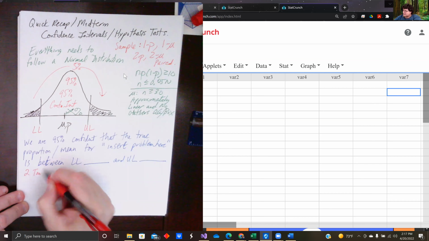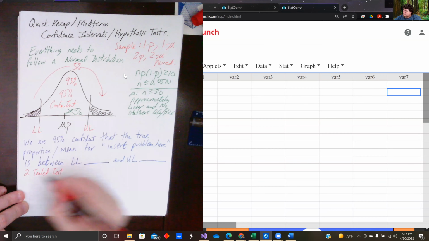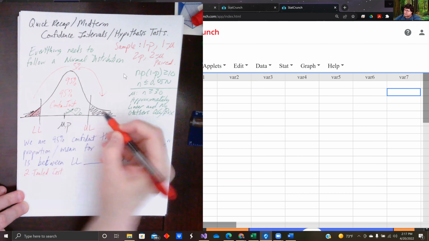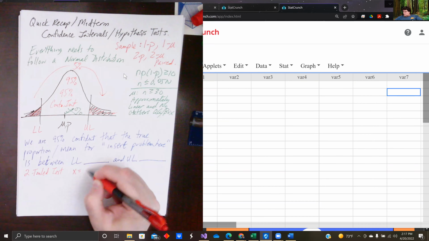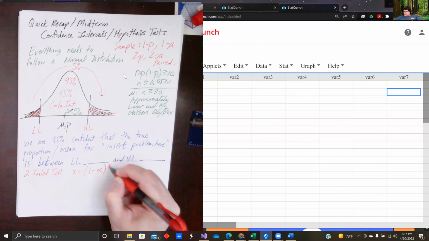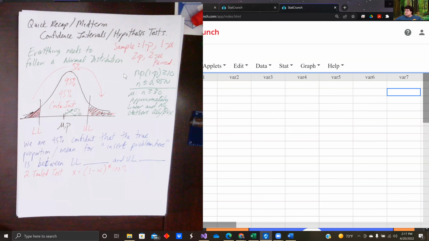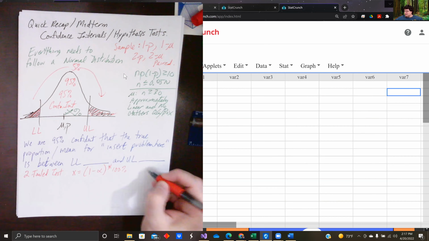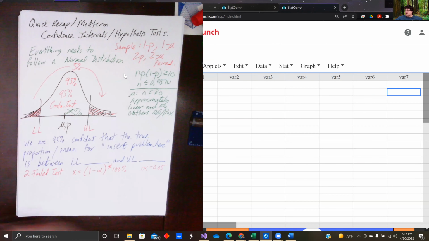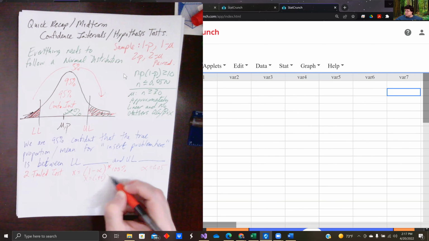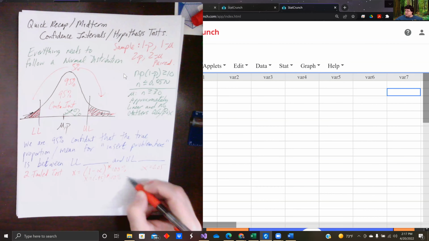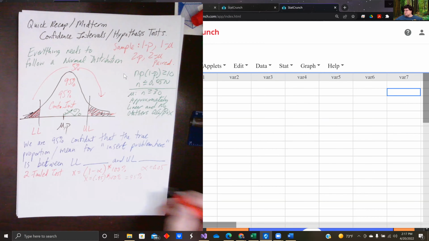For a two-tailed test, like we have here, where there's stuff on both ends, X would equal 1 minus alpha times 100%. So for a 95% confidence interval, alpha ends up being 0.05. That would make X equal 0.95 times 100, which gives us 95%. So there's a connection between the confidence interval and the alpha that we're choosing.